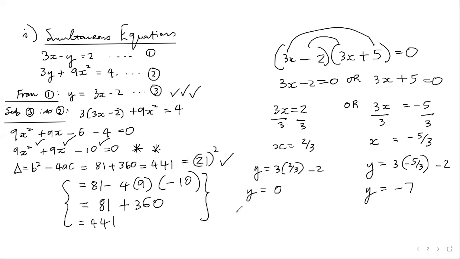Our final answers could be expressed as x semicolon y equals 2 over 3 semicolon 0, or x semicolon y equals negative 5 over 3 semicolon negative 7.